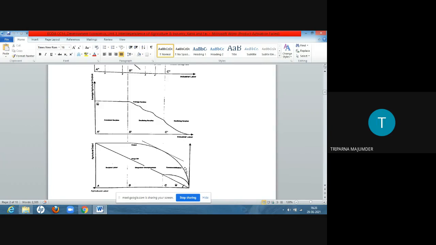We begin with the entire labor force in agriculture. Suppose we decrease this by a small amount so that we are still in the surplus labor phase, then the total wage bill of the agricultural sector falls along this diagonal line.